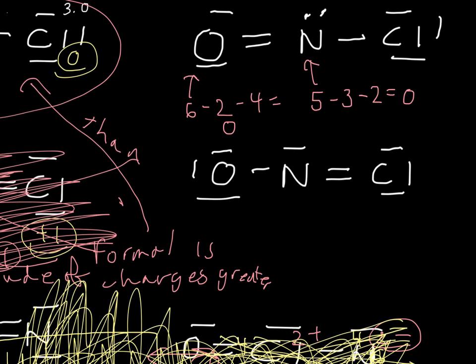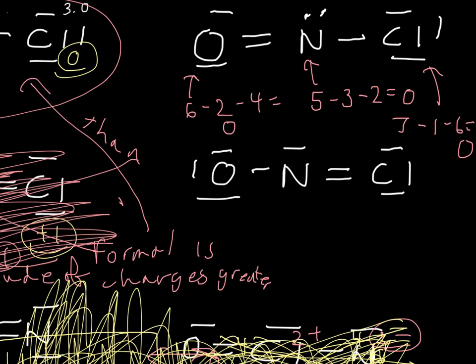So it has a formal charge of 0. This looks good. We've got chlorine with 7 valence electrons. It has 1 bond. It has 6 lone electrons, so it has formal charge of 0. Wow! So we've got our formal charges there to all sum to 0.